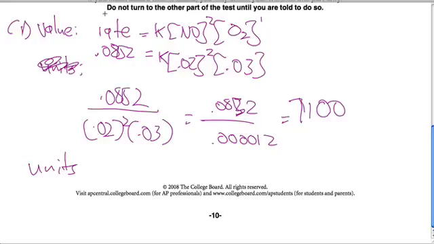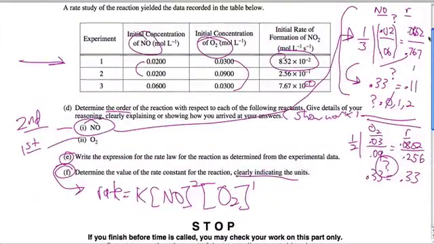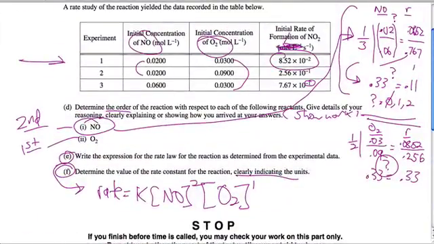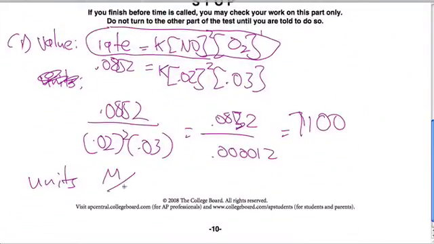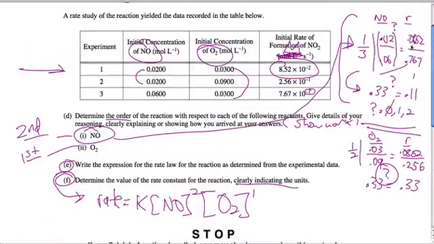And now let's get the units. So for the units, I do the same exact thing I did here, but I do it with the units instead. So the units on rate are molarity per second. And there's K. And the units on each of these are molarity.